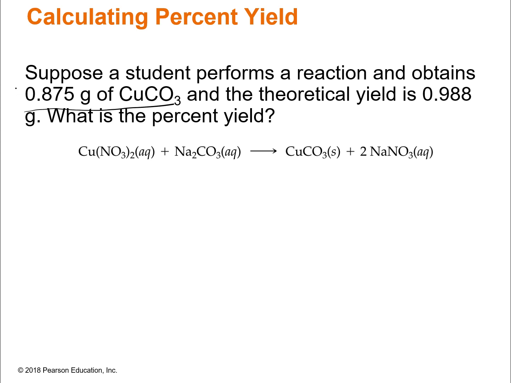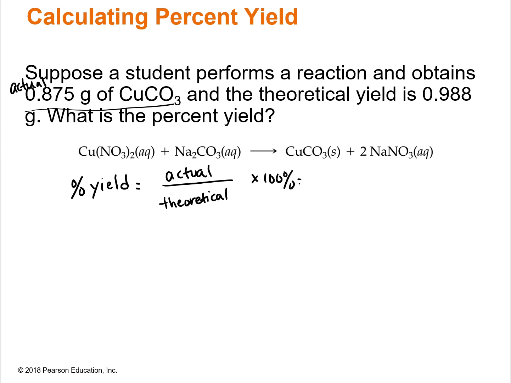You have to be able to determine which is actual and which is theoretical. Then you put it into your equation. Actual yield goes on top.